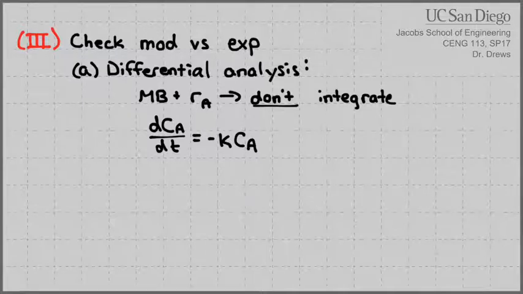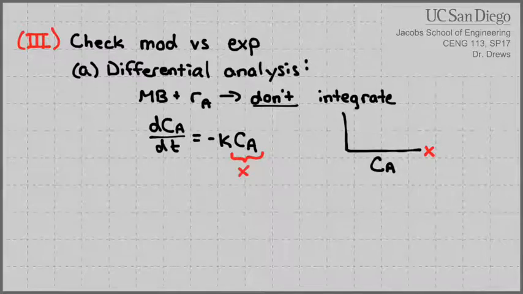Instead, what we're going to do is create a plot where we have CA on the x-axis. So this is our x parameter. And then we could have something like minus dCA/dt on the y-axis.